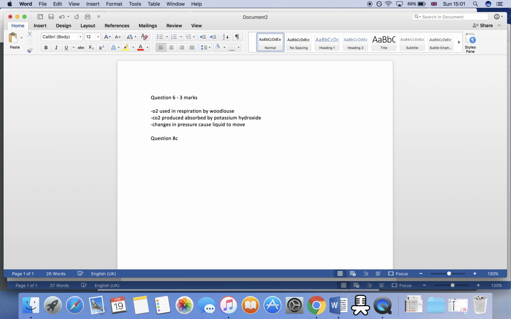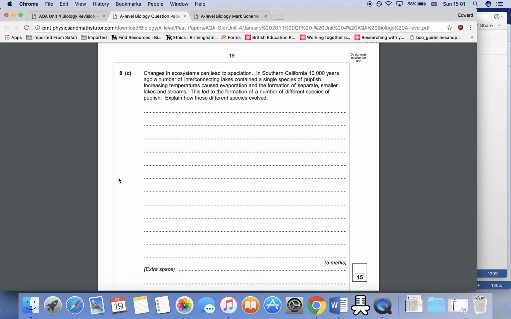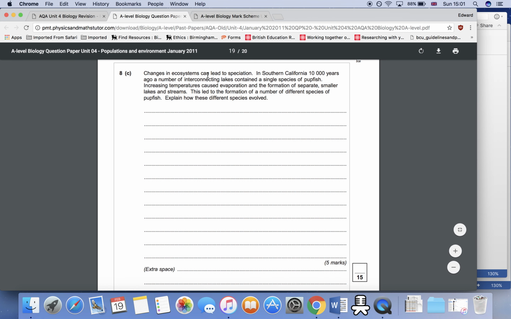Changes in ecosystems can lead to speciation. In Southern California, 10,000 years ago, a number of interconnecting lakes contained a single species of pupfish. Increasing temperatures caused evaporation and the formation of separate, smaller lakes and streams. This led to a number of different species of pupfish. Explain how these different species evolved.